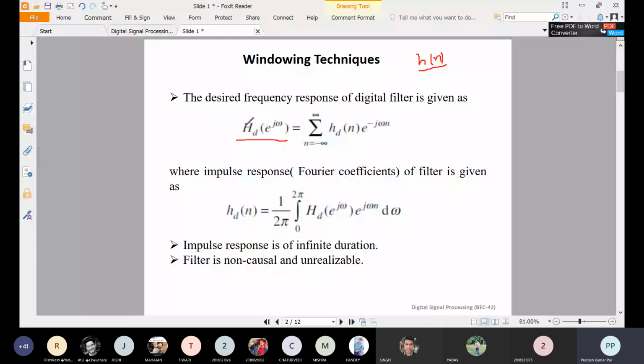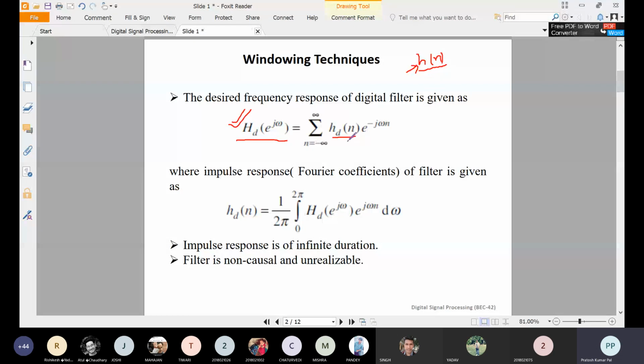So once we have this representation of the given frequency response, we need to find out this Hd of n. Once we find Hd of n, we can equate it to h of n, that is, the impulse response of that filter. If Hd of e to the power j omega is given, that is the frequency response, we can find Hd of n by using this formula.